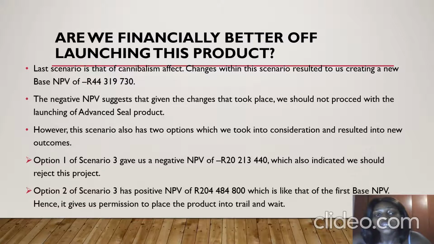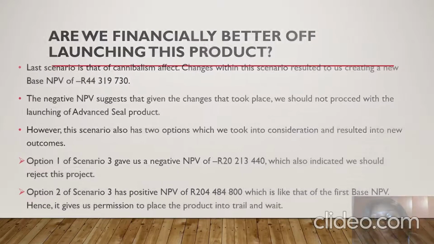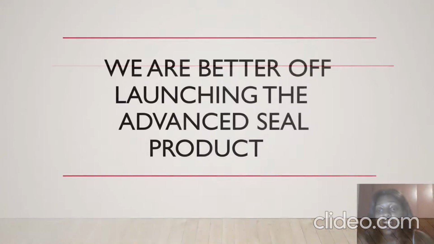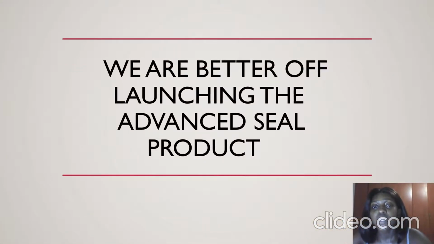However, option 2 has a positive NPV, which is similar to the base NPV that we calculated. Hence, it gave us permission to place the product into trial and wait. After the respective calculations were done, we believe that we are better off launching this product.